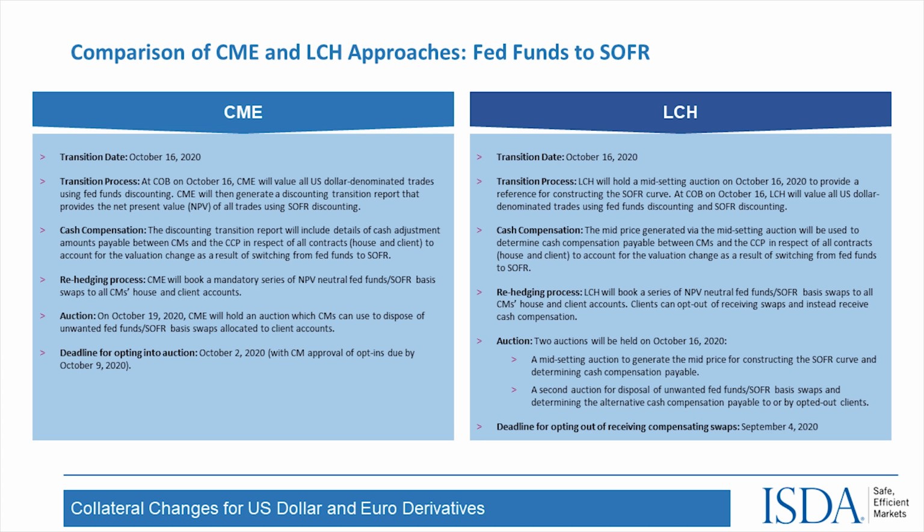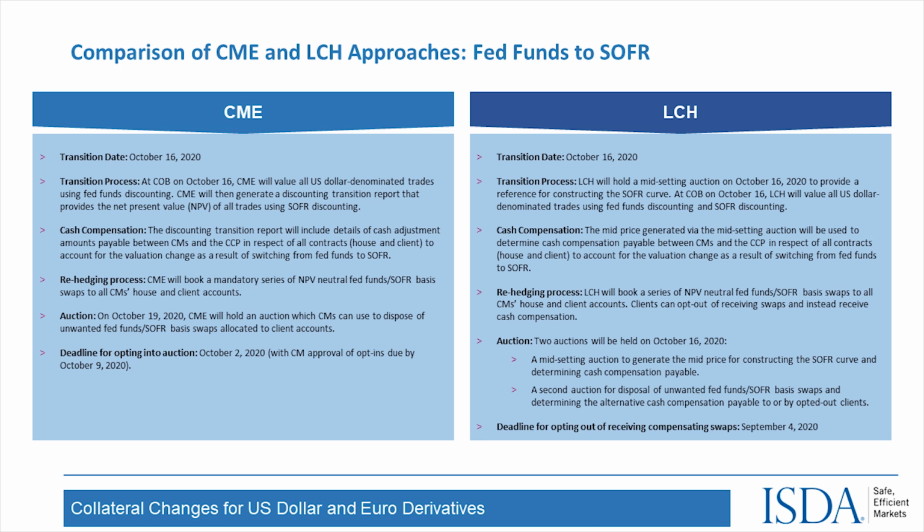Now, for those clients who don't want to receive these discounting risk swaps, and we understand that there are a number of clients in the market who don't, the primary reason for this is that they don't hedge their discounting risk.